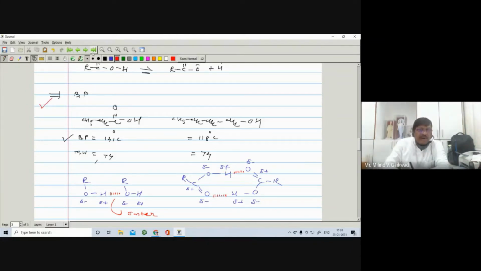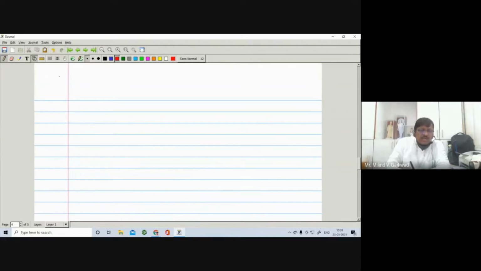Now let us see the next point, that is the preparation of carboxylic acid. First preparation, starting from ester, we can prepare the corresponding acid.